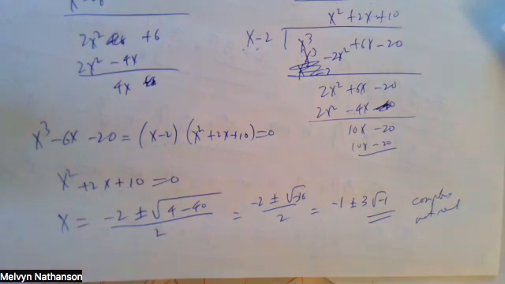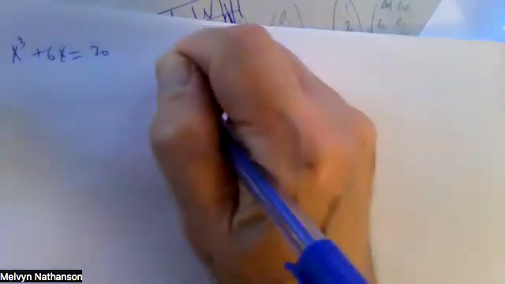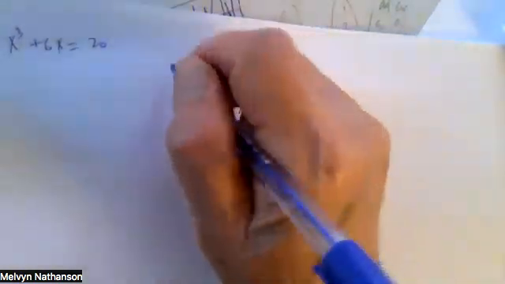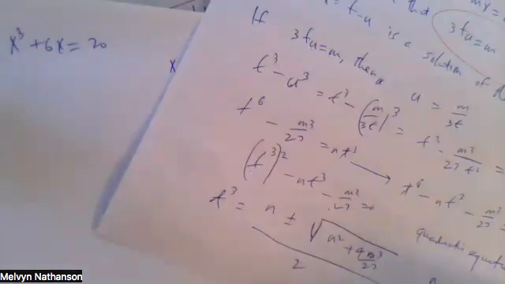So now we have a little bit of a puzzle. So when we have x cubed plus 6x equal 20, one solution that's positive and real is x equal to, what was it?